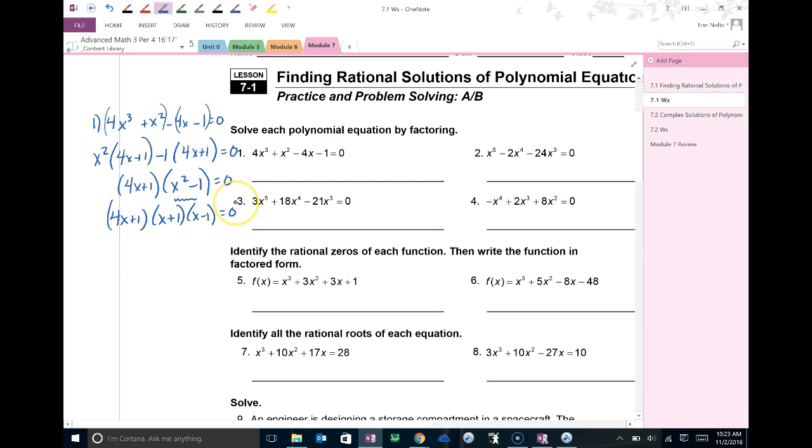So now, once I have it fully factored, I can set each of those quantities equal to 0. And what are the three solutions that we end up with? What do we get from 4x plus 1? -1/4. And from x plus 1? -1. And x minus 1? 1.